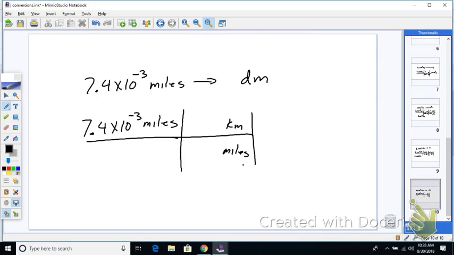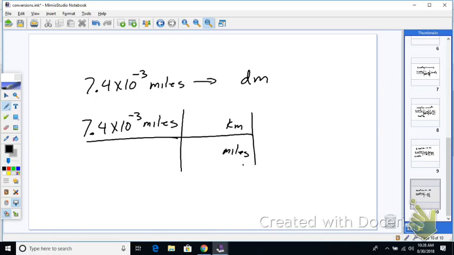Now, on the left side, if you use the left side, okay, and you find miles. The left side, each one of those is 1, and then it compares it to a number with the metric unit.